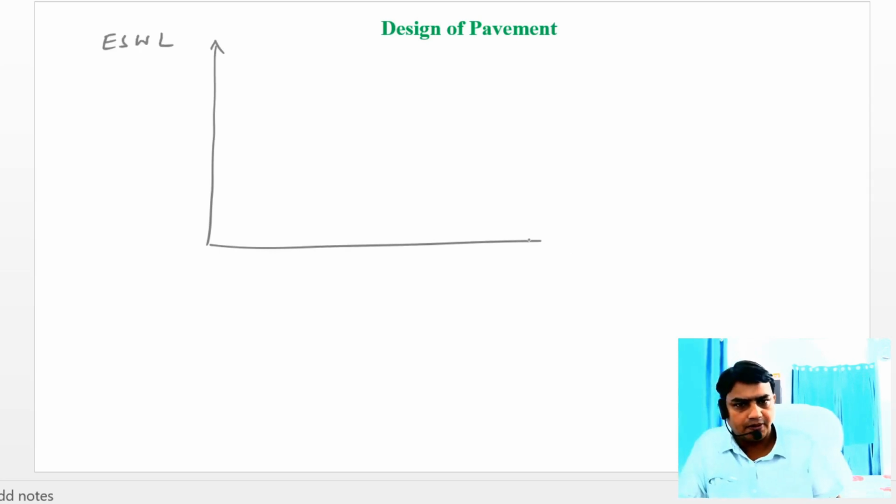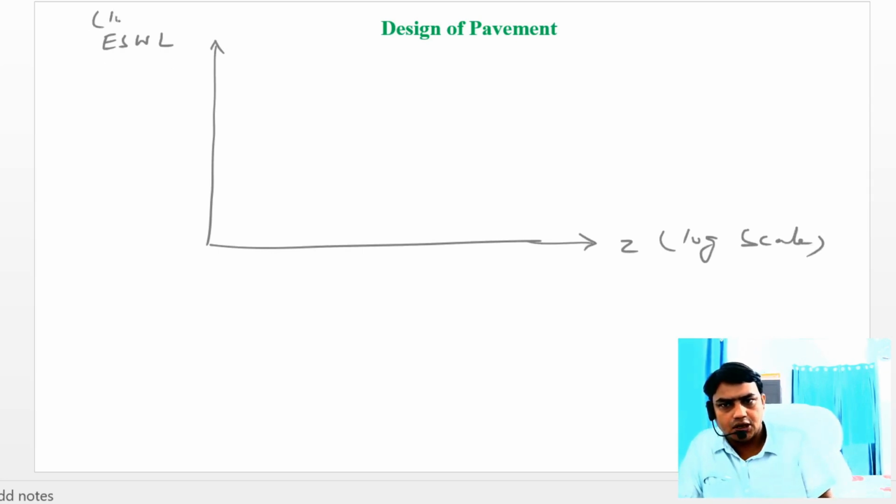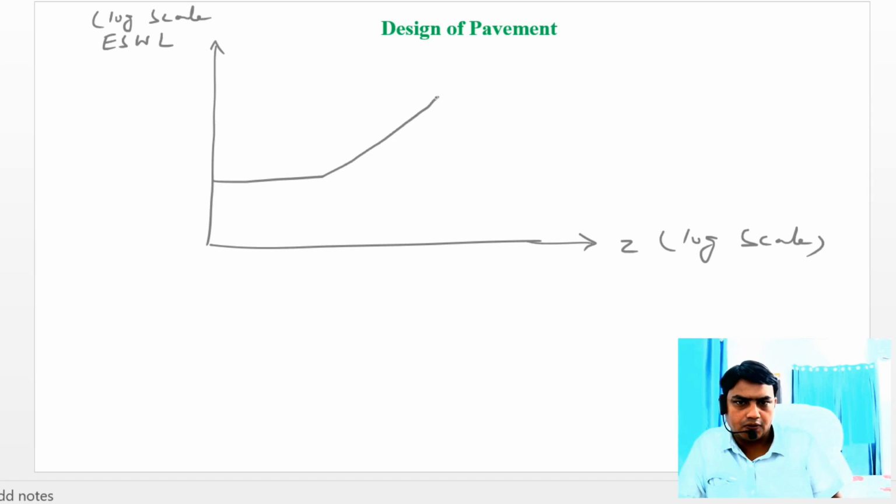So if I draw the curve between the equivalent single wheel load, ESWL, and the pavement thickness Z on the log scale, this is also on a log scale, it will look like this. This is Z equal to D by 2.